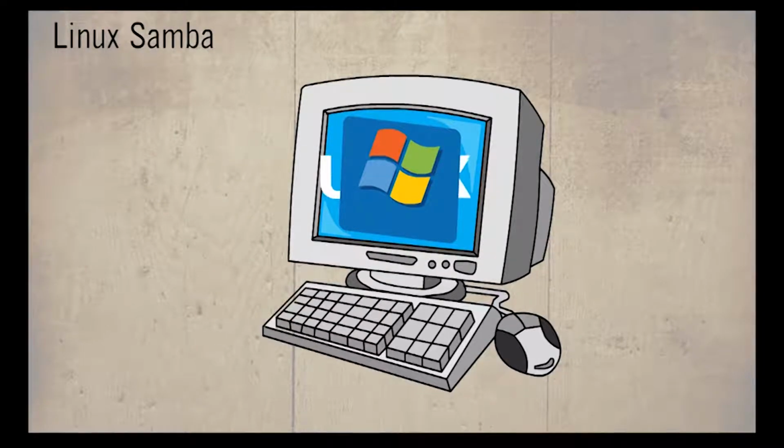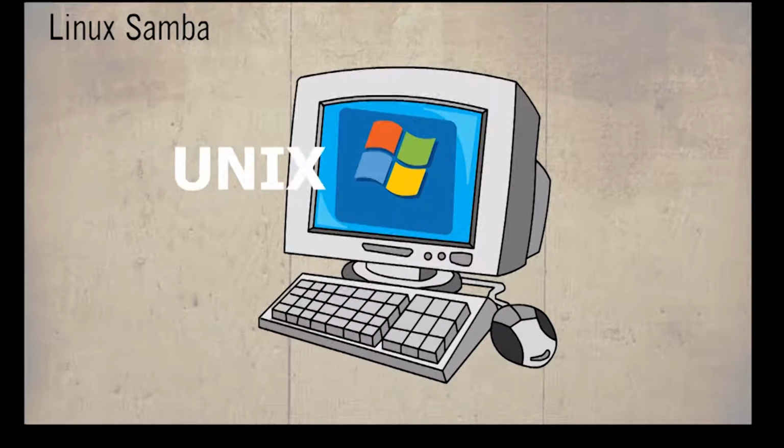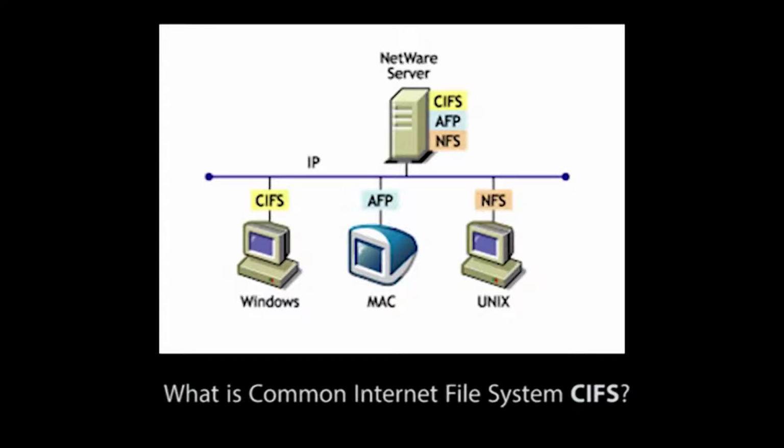Windows users can happily access files and print services without knowing or caring that those services are being offered by Unix hosts. All these file systems are managed by the protocol Common Internet File System, or CIFS.